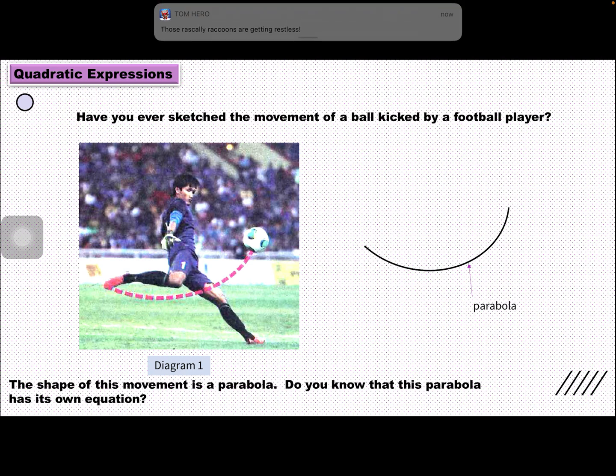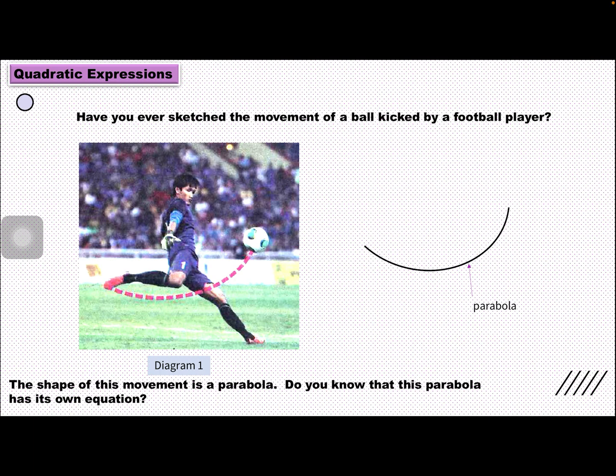Do you know that this parabola has its own equation? Every quadratic expression, every function, has its own equation. In this case, the movement of the ball kicked by this football player.